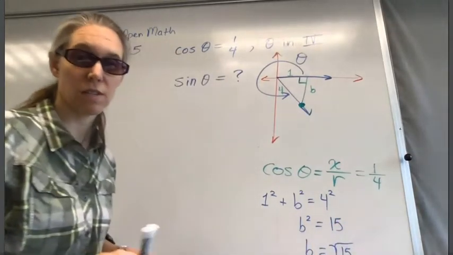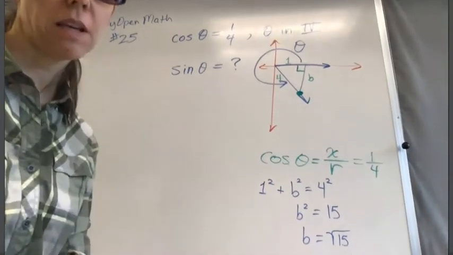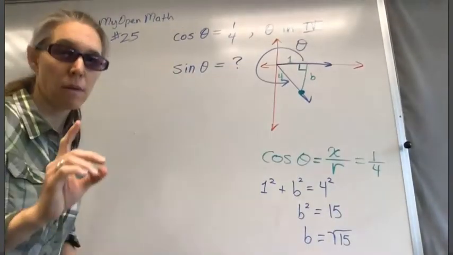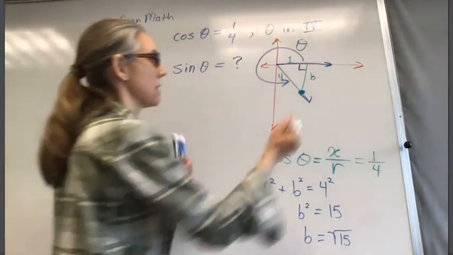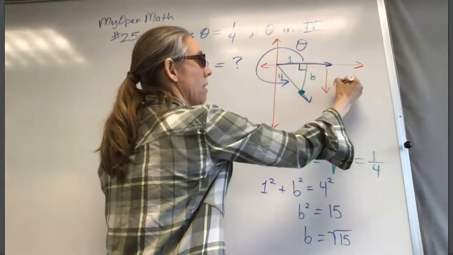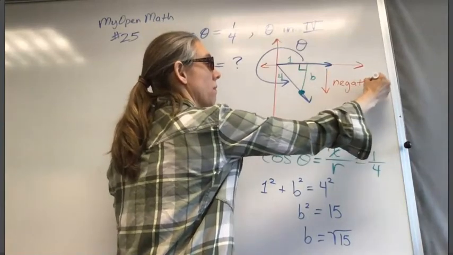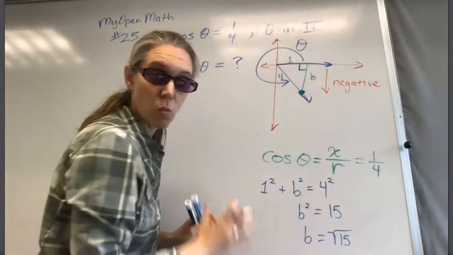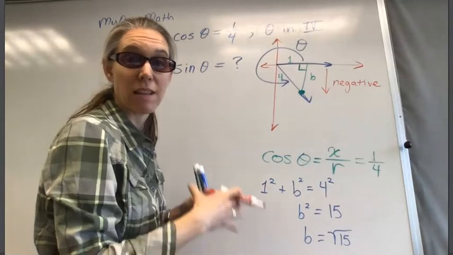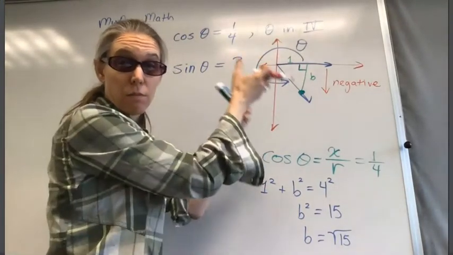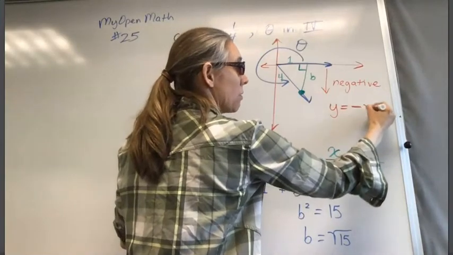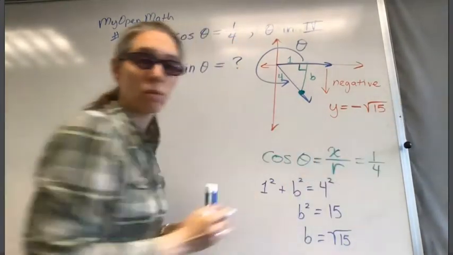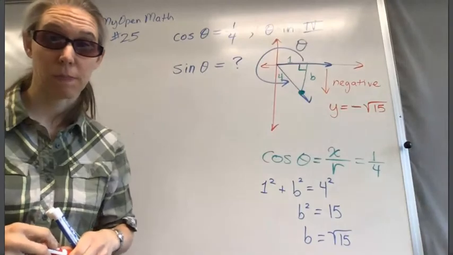Now b may be equal to the square root of 15, but that cannot be the value for y, because this is in the negative direction. So the value for y is going to have to be the negative version of b. So y is equal to negative square root of 15.